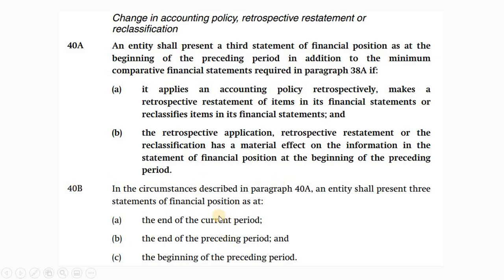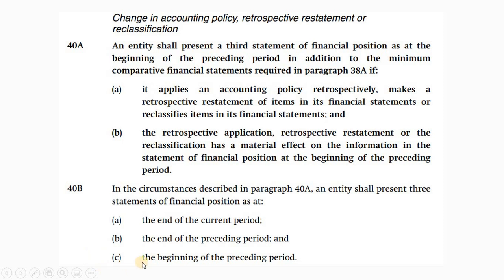So first is the end of the current period. In our problem, the current period is 2020. So that is letter A. Then letter B is the end of the preceding period. The preceding period in our problem is 2019. So for letter B, that will be December 31, 2019, which is the end of 2019.